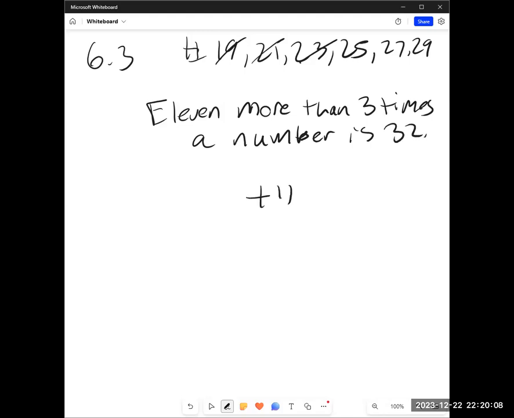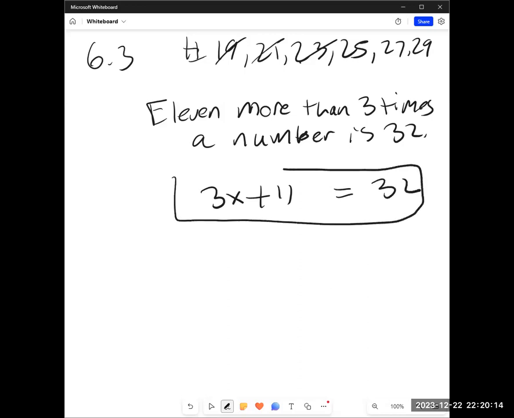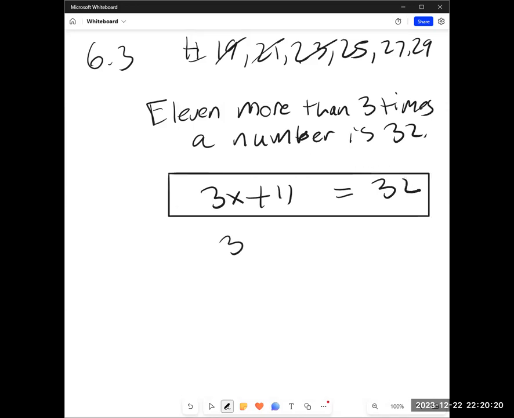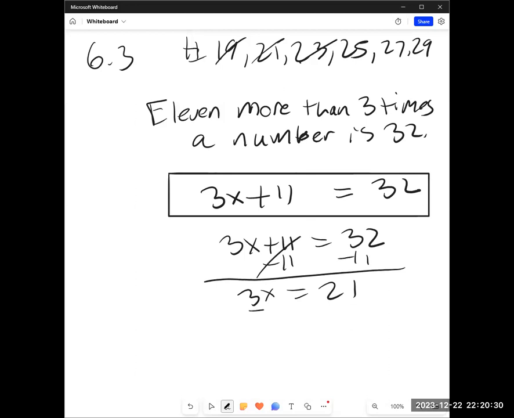There's your first part: 3x plus 11 is 32. Subtract 11 from both sides. 3x is 21. Divide by 3, and x is 7.